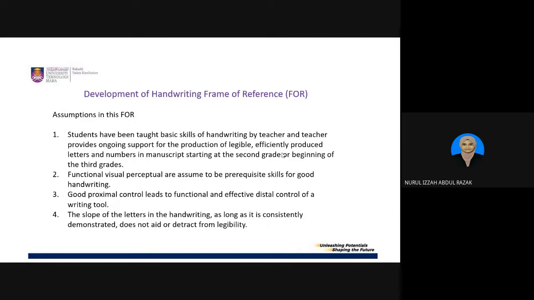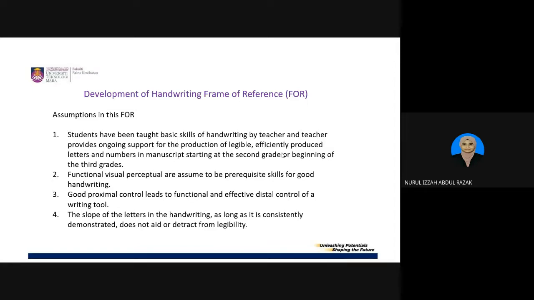The assumption in this FOR is that students have been taught the skills of handwriting by the teacher, and the teacher provides the support for production of legible, efficiently produced letters and numbers in manuscript starting at the second grade or beginning of the third grade.